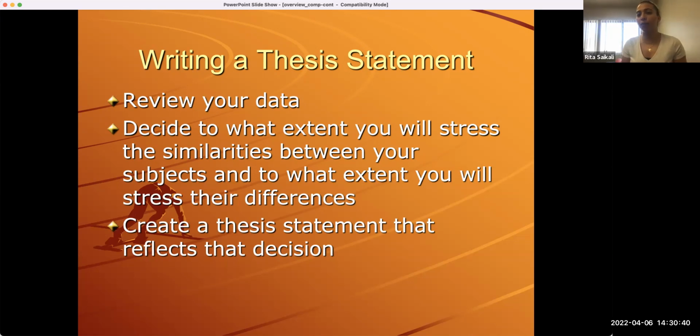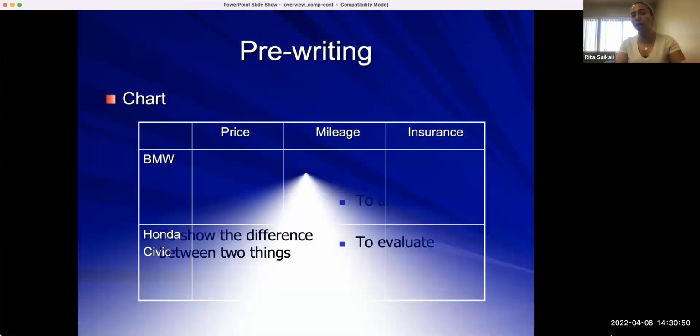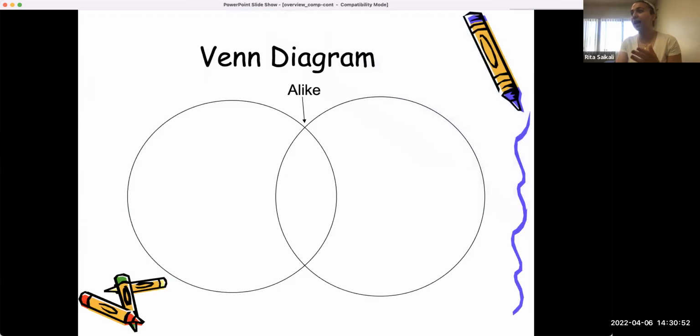So when you are writing a thesis statement, you want to review your data. So before you start writing your thesis statement, all of these, whether it's the charts or the Venn diagram, their purpose is for you to be able to pre-plan before you start writing your information, right?